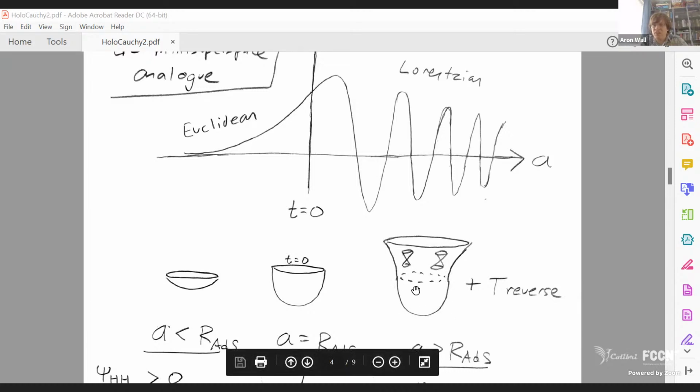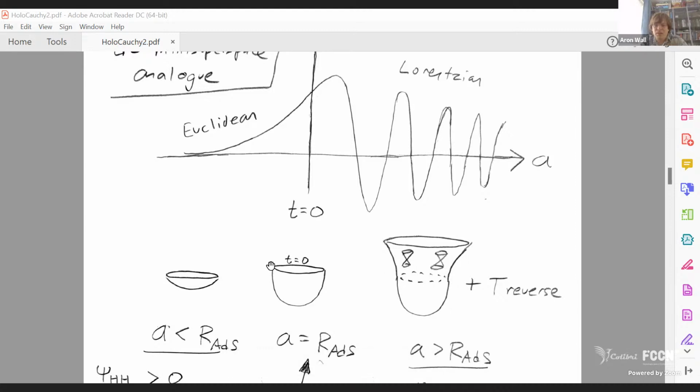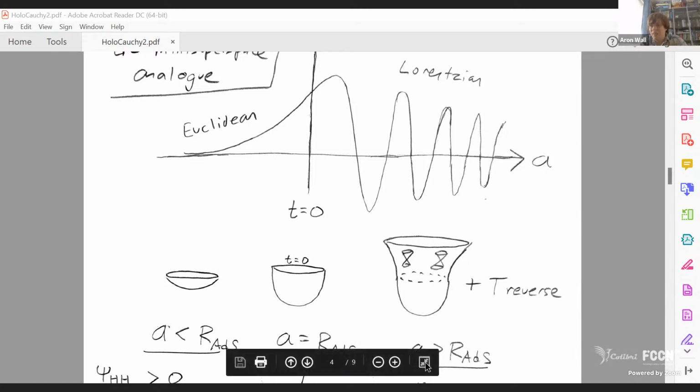The easiest contour to think about is if you do the Euclidean path integral up to the t equals 0 slice and then evolve from there either to the future or the past. You have two choices because of time reversal invariance. The Lorentzian piece gives you phases, and so when you add both saddles together, you get a wave function that's still real, but it's oscillatory.